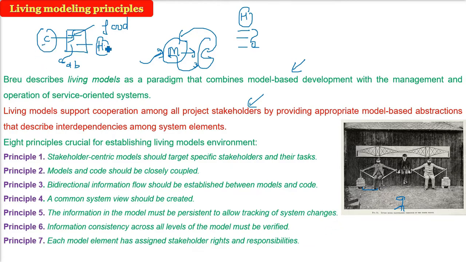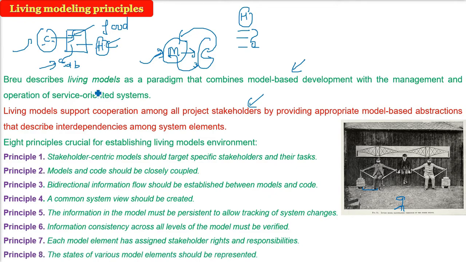As I just suggested, the customer will have different rights and responsibilities than the delivery boy. The states of various model elements should be represented, because the state will change. If the customer orders or has made the payment, then he will track. So the state has changed. This is how the states of different model elements should be represented as time progresses.